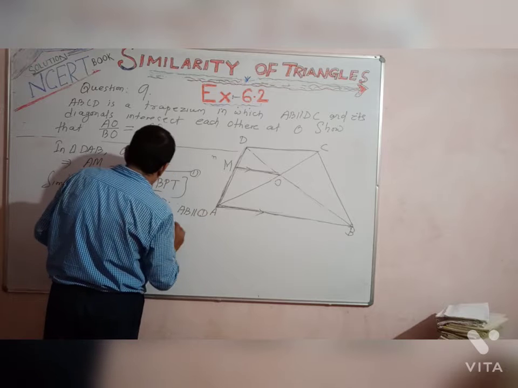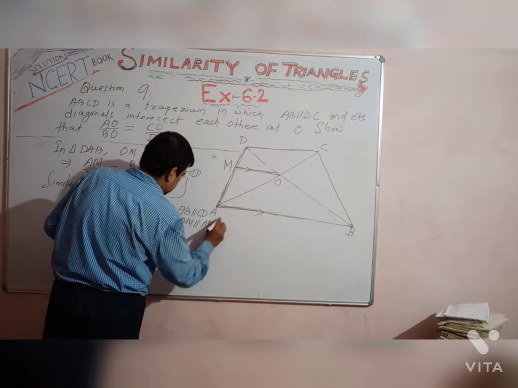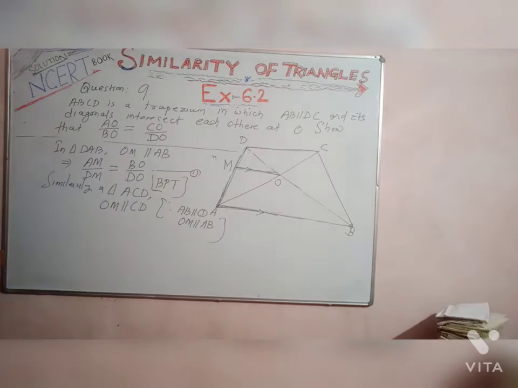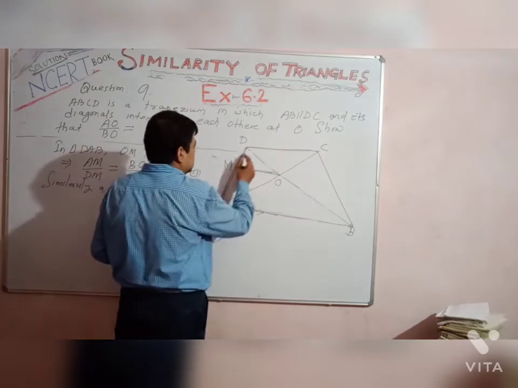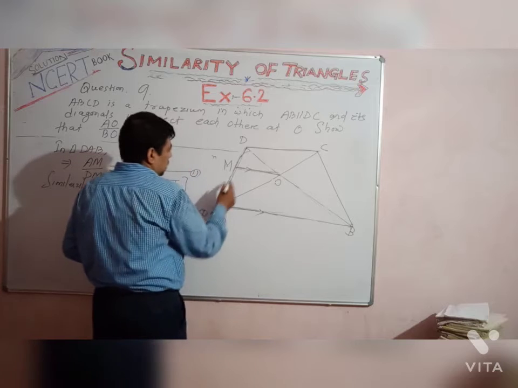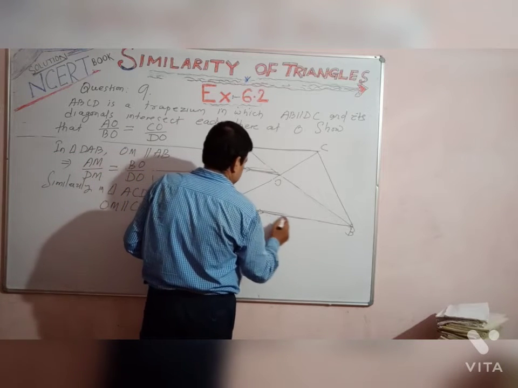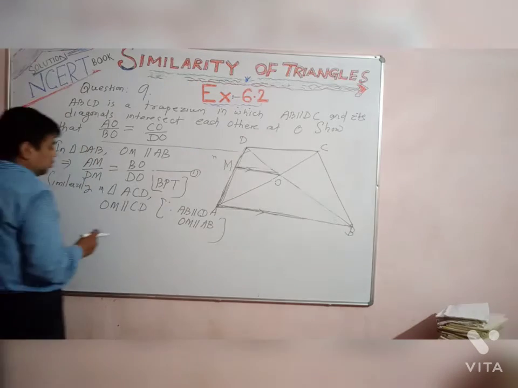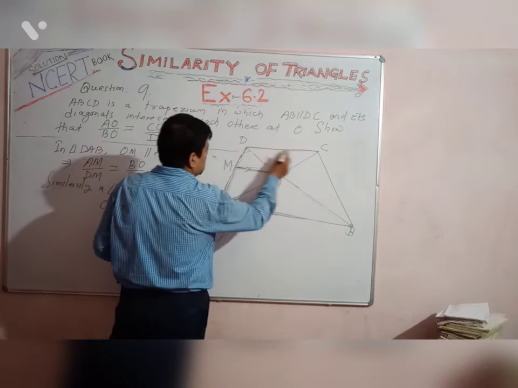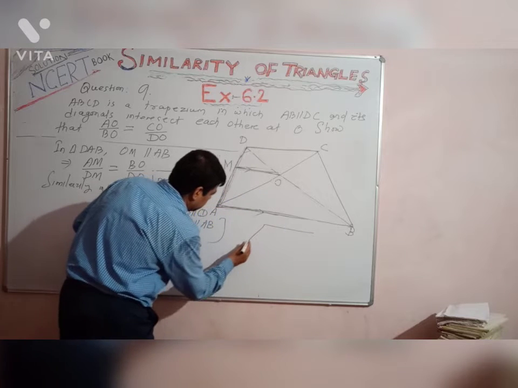Since ABCD is a trapezium and OM is parallel to AB, OM is also parallel to CD. So in the triangle ADC, OM is parallel to CD.